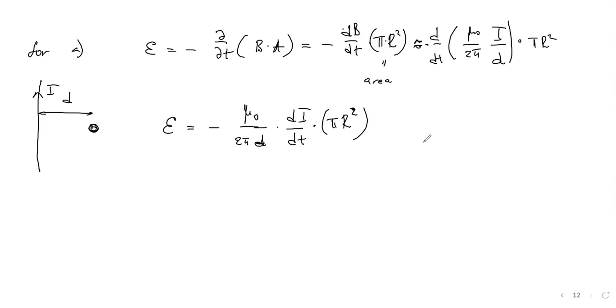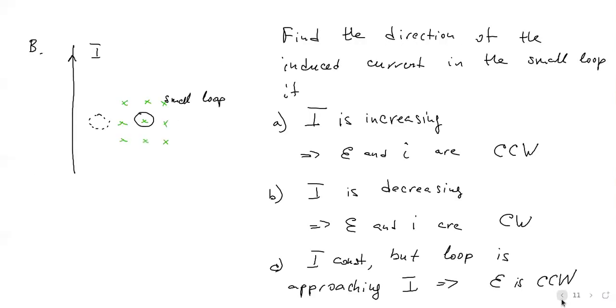Again, what I did right now is I changed the current, and I have the rate at which current changes. The change in current produces the magnetic field through the loop, which is changing. This rate of change of the magnetic field multiplied by area is the change of the flux. Okay, questions?